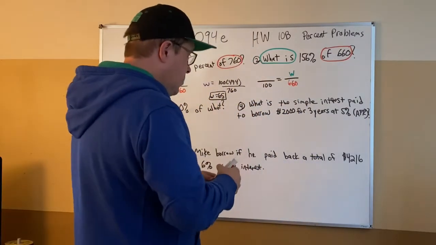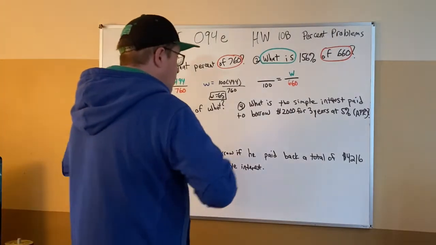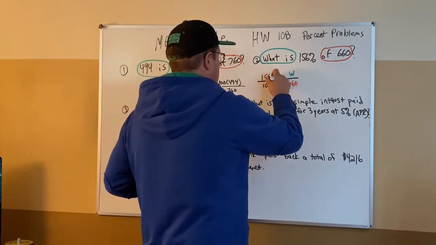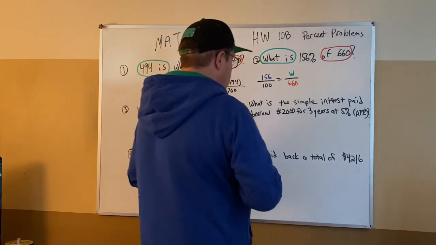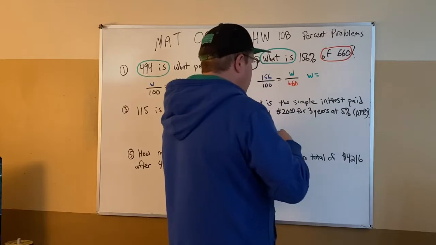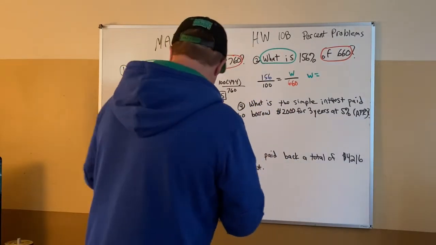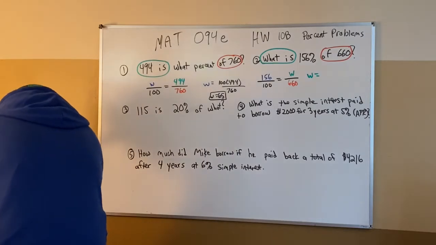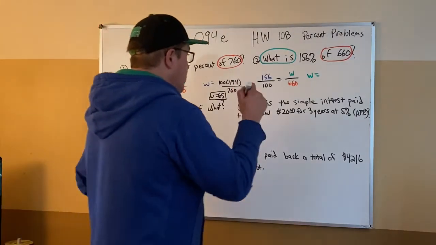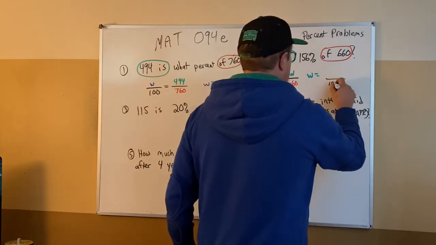The percent is 156. In this case, I'm looking for W equals, and I'm dividing by 100 here, because diagonally from my missing value, diagonally through the equal sign, I see 100. So the denominator will be 100.